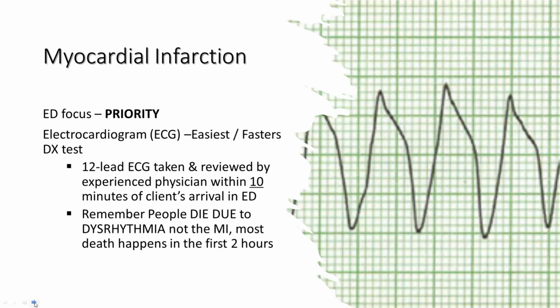And that's all part of the triage process. So we want to make sure that we are being as close to those time frames as possible, because we've got 10 minutes from the door to the ECG, and then we need to send them down to the cath lab for a STEMI, and there's time limits for that as well.